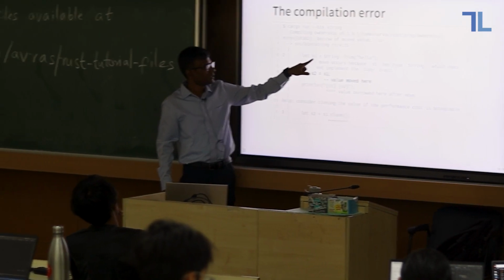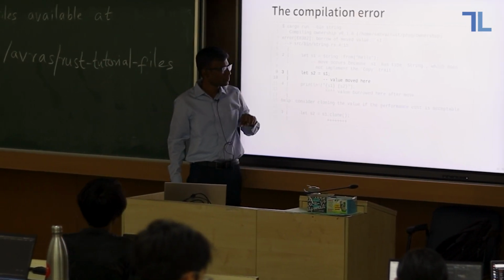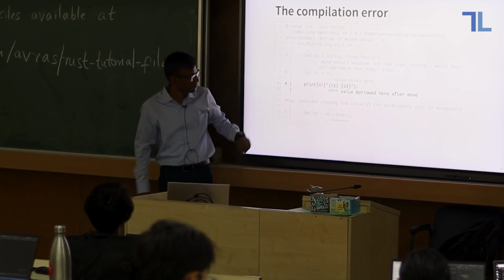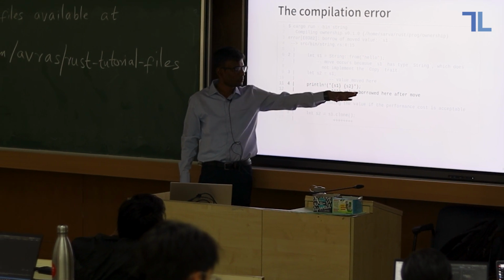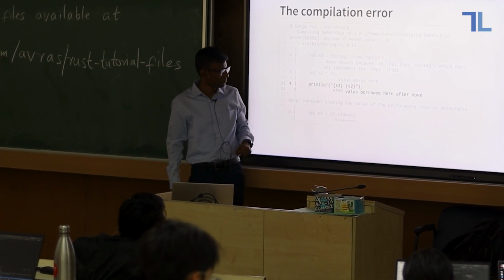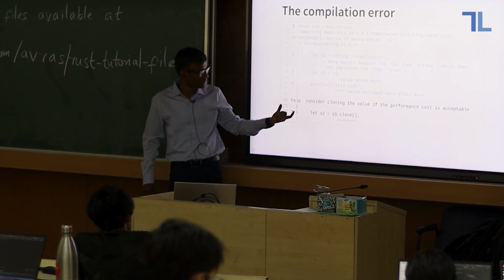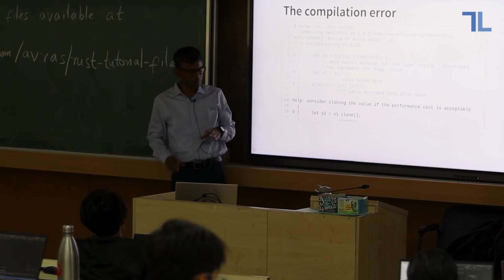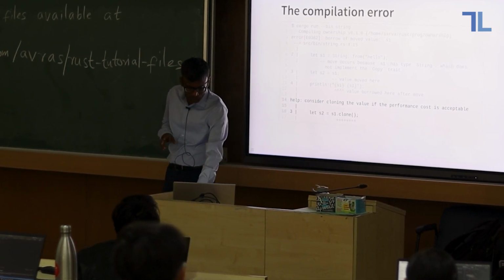So S1 was the owner here, then S2 becomes the owner. And later I'm trying to print both S1 and S2, but the S1 variable has been dropped. So the value is borrowed here after move, it is already dropped. The compiler is offering a hint, saying please consider cloning the value, that is making a copy of the value. I'm sure you have a lot of questions about all this.